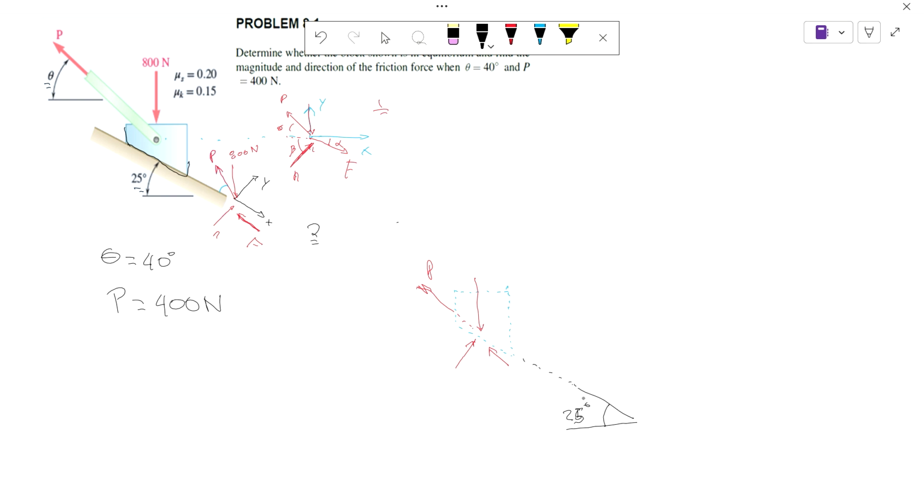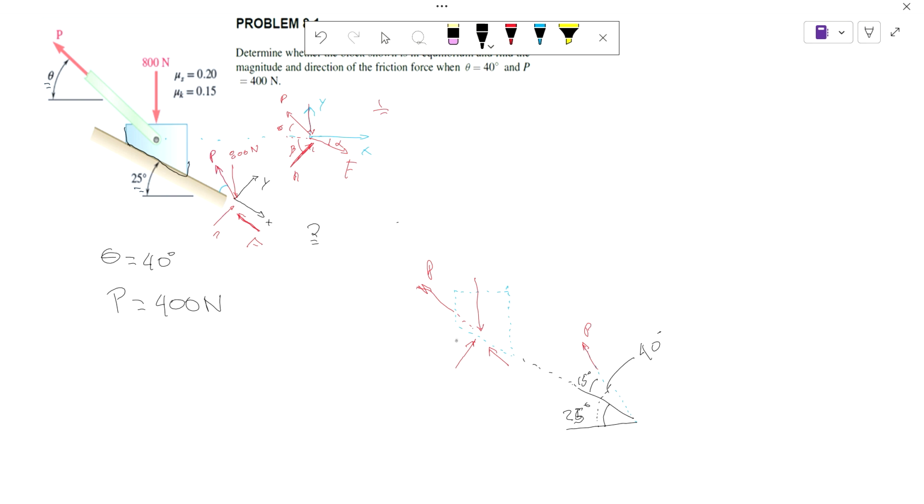And we have force P, I'm exaggerating force P. And that is 40 degrees. So 40 minus 25, we have that this guy right here is 15. Because 40 minus 25 is 15. Okay, so we have 15 and 25.